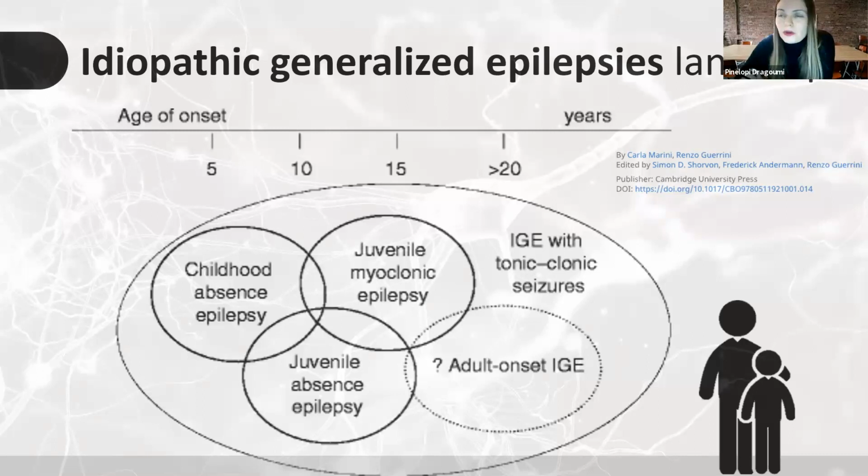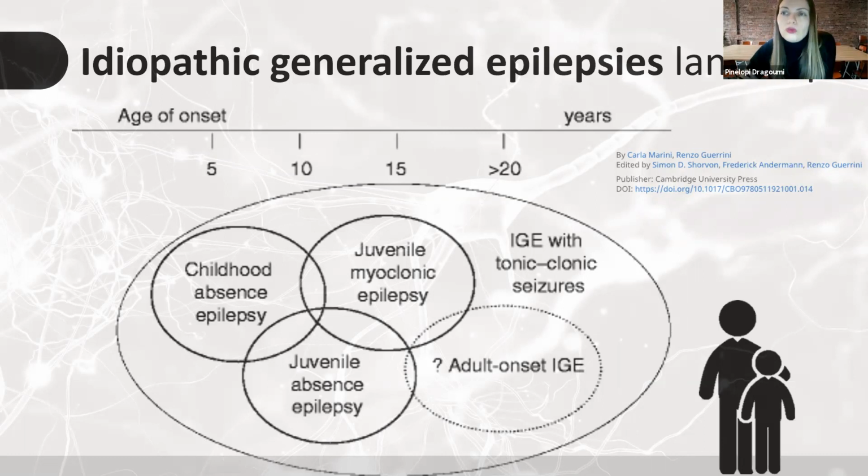The main seizure type is myoclonic seizures, but we can also have absence seizures in this epilepsy and generalized tonic-clonic seizures, which is also the case for juvenile absence epilepsy. But here, the predominating seizure type is absence seizures, and you can also have generalized tonic-clonic seizures later on. And then we have, in even younger patients, idiopathic generalized epilepsies which are mostly characterized by generalized tonic-clonic seizures.